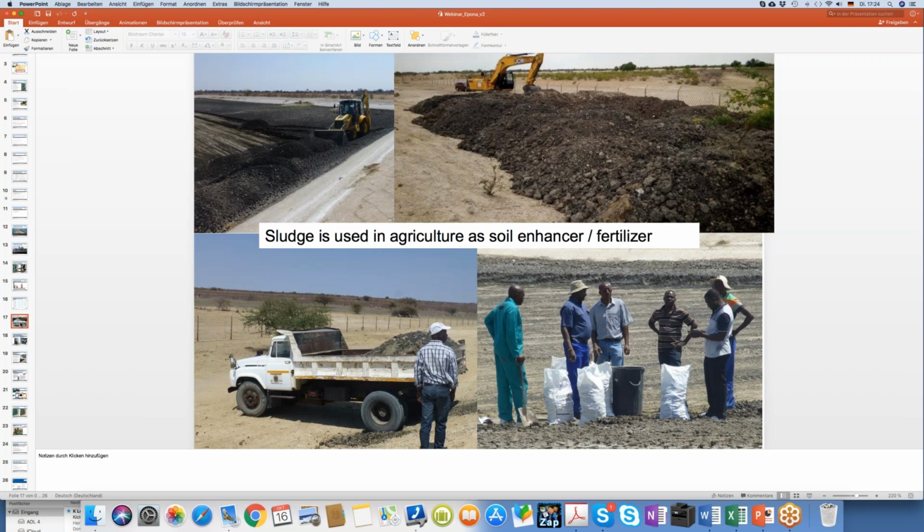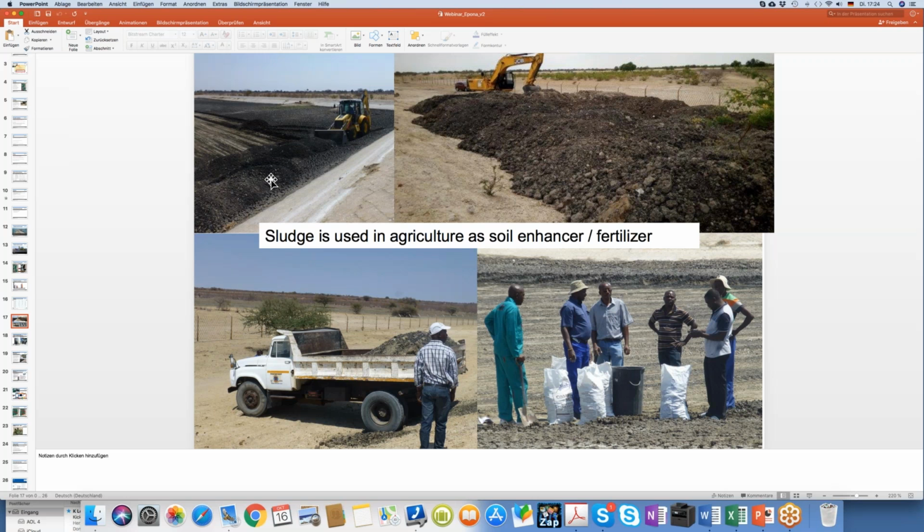The problem is if you only have waste stabilization ponds and you don't do anything as pre-treatment, and that is the aim of the research, that we find out what kind of pre-treatment to prevent all this huge sludge coming into the ponds, and then after some years you have to take off all the sludge.